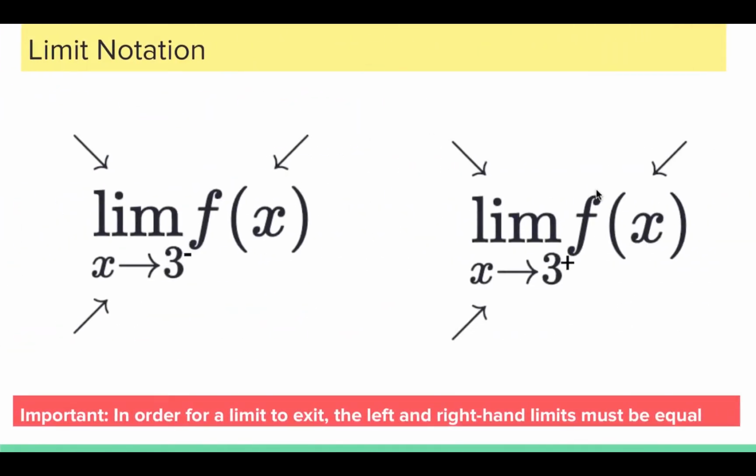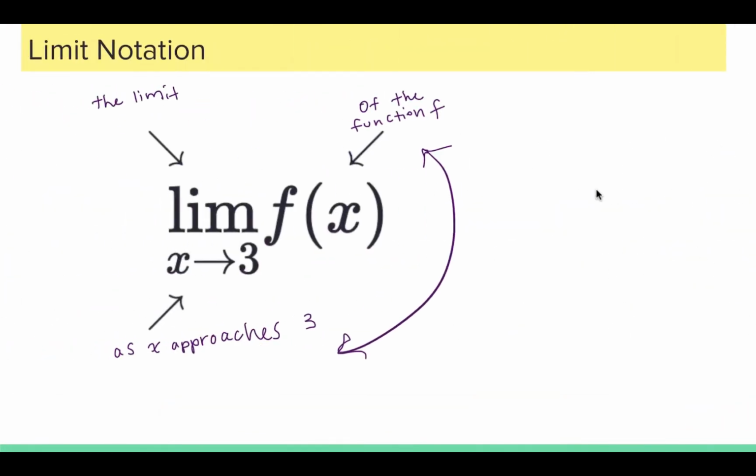One other thing about limit notation. You can find the limit from just the left or the right side as well. With this notation, as x approaches 3, what I know is that it means, and I'm going to write parenthetically, from the left and right hand sides.